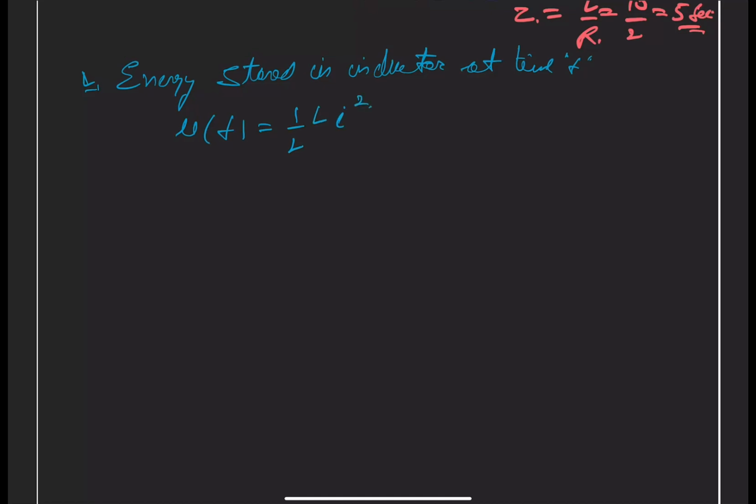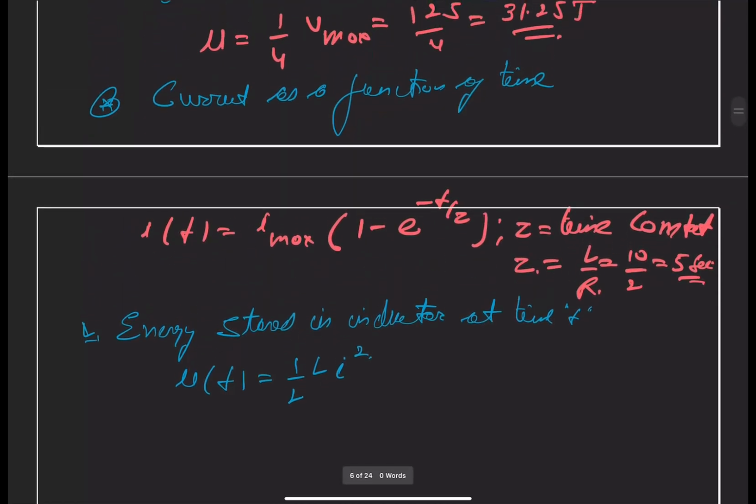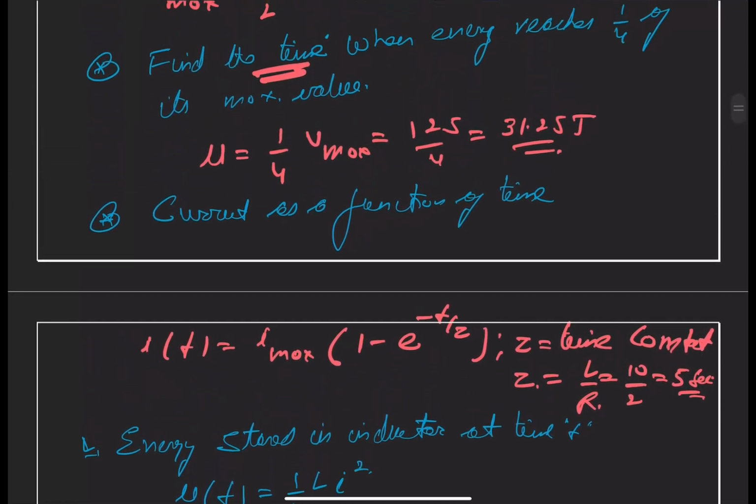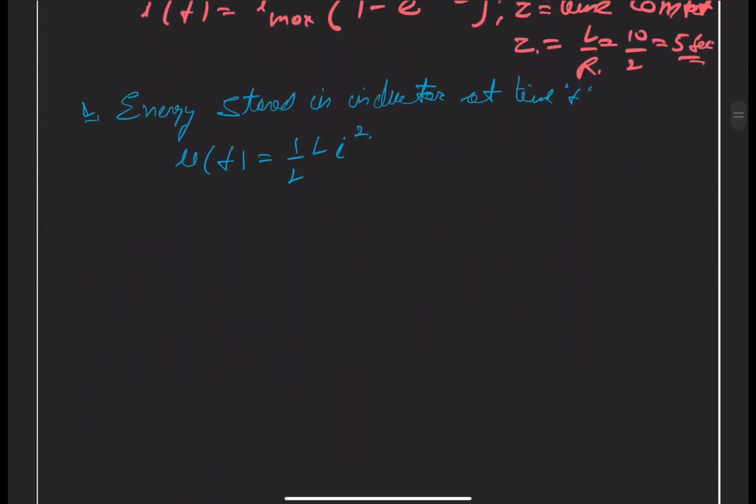And we have to find out the time when the energy is 1/4 of the maximum energy. So we substitute it, and this gives us half Li square is equal to 1/4 of the maximum value of the energy.